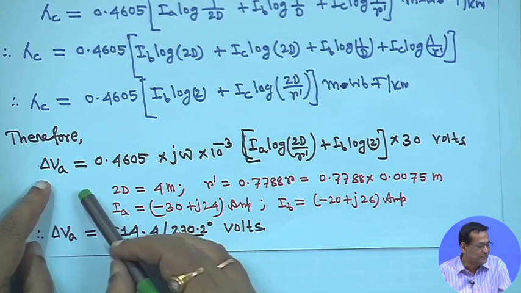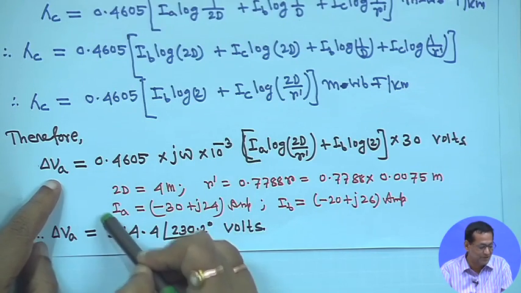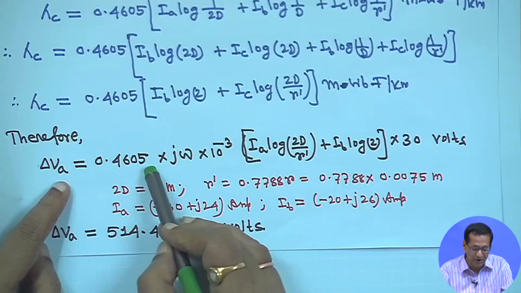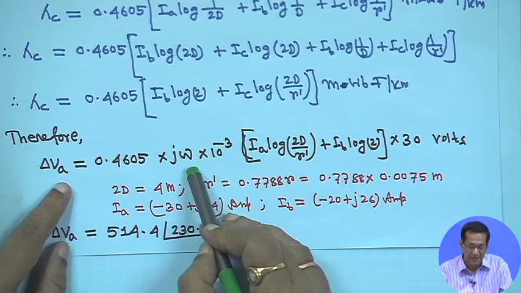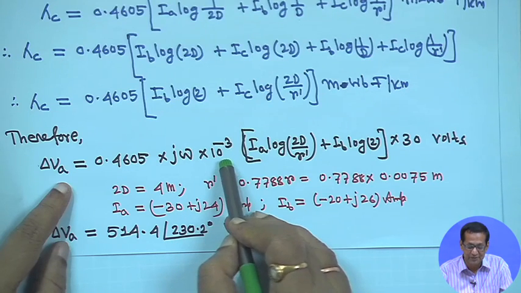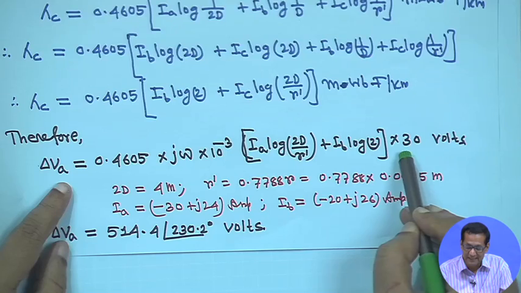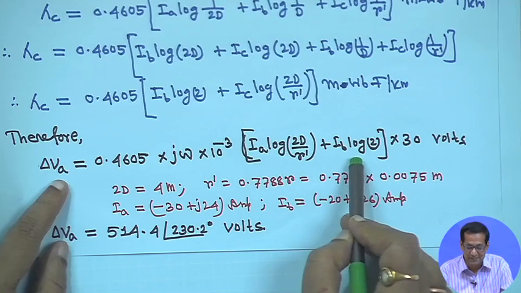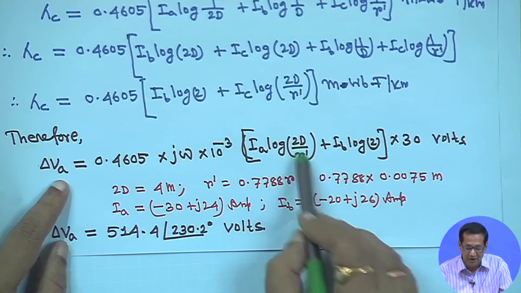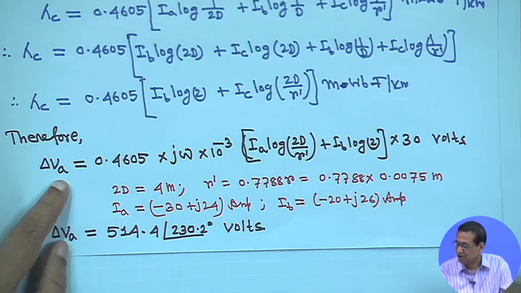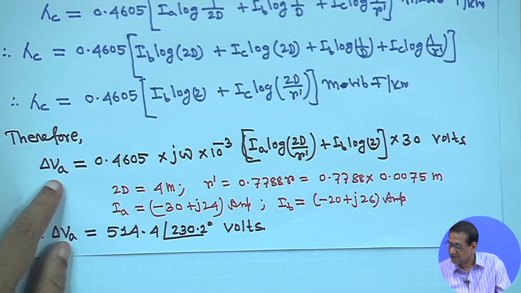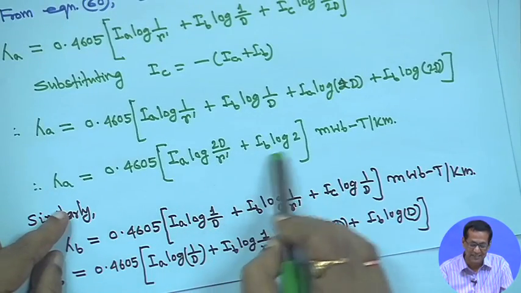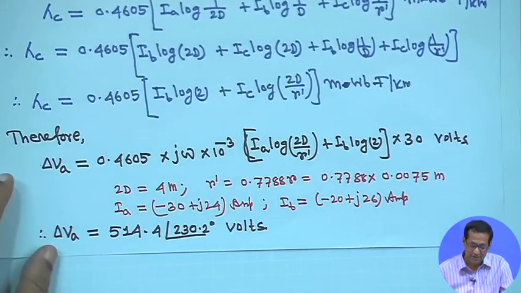Now, the voltage induced, delta V a, will be 0.4605 into j omega into 10 to the power minus 3, because it is milliweber, and 30 kilometer length is there, into 30, and in bracket this expression for lambda A: Ia log 2d upon r dash plus Ib log 2d.